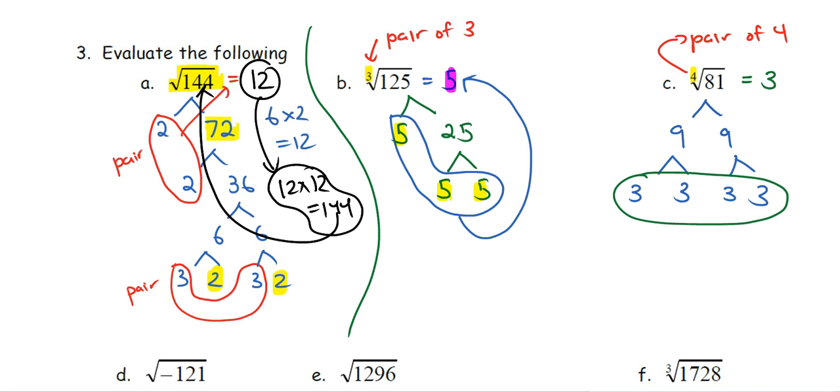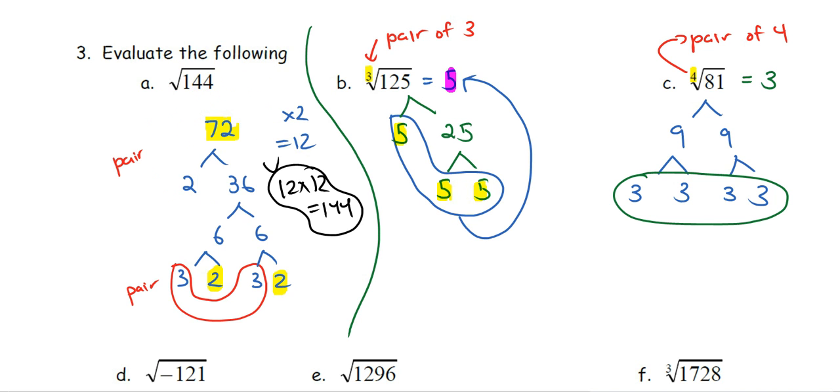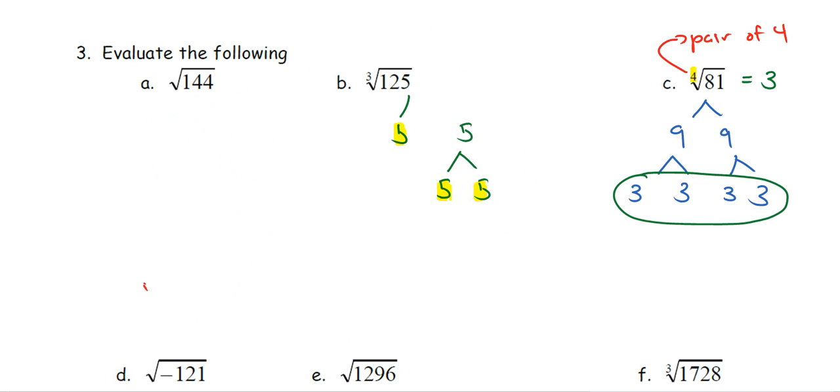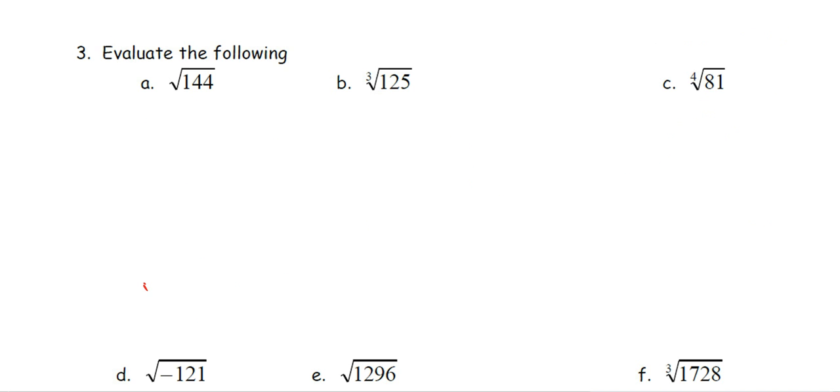Okay, so before I move on, let me erase these 3 questions here and summarize the results. For question number 3C, I was looking for a pair of 3 numbers that are the same.